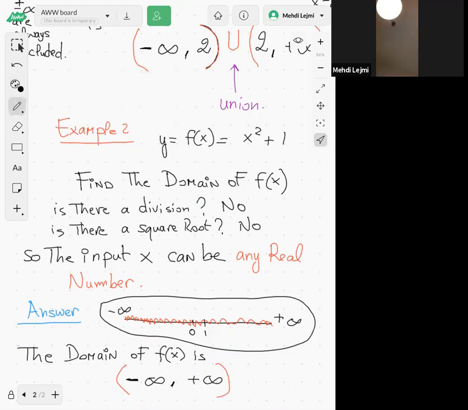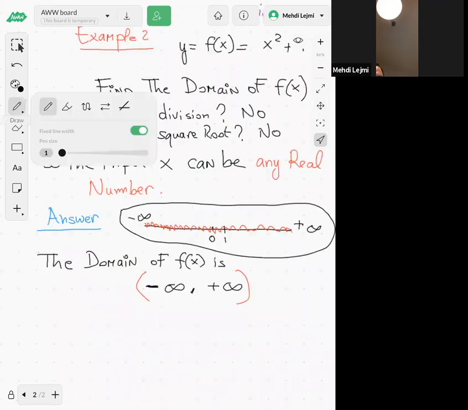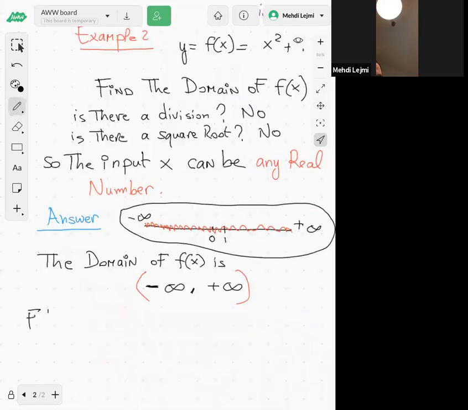Actually, there's another notation for this interval, negative infinity to positive infinity. Just for your information, guys, this is what we call the real number line.